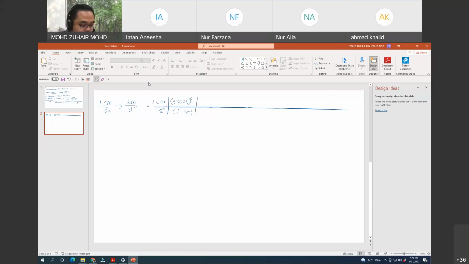And then we want to convert from hour to day. 1 day equals 24 hours, and all of this should also be raised to the power of 2.